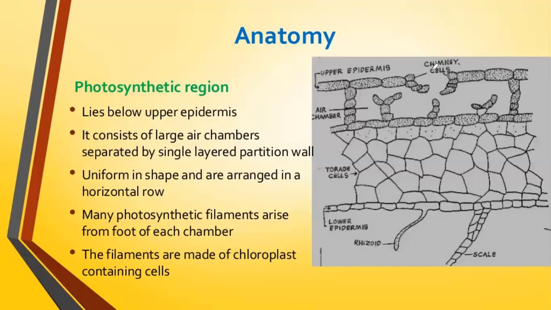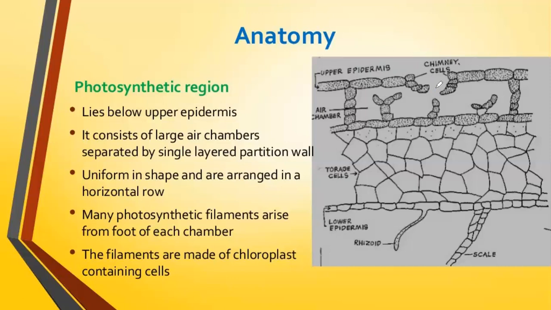This is called the pore, or the chimney pore, and the cells which make the chimney pore are called the chimney cells. This is a very important region because it acts like a stomatal apparatus or stomatal cell in other green plants.